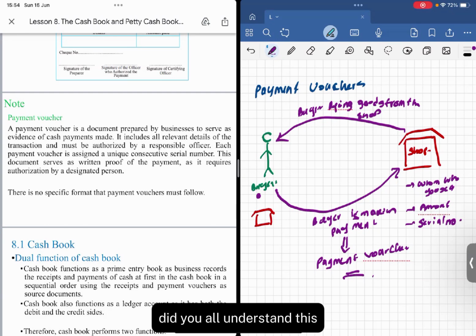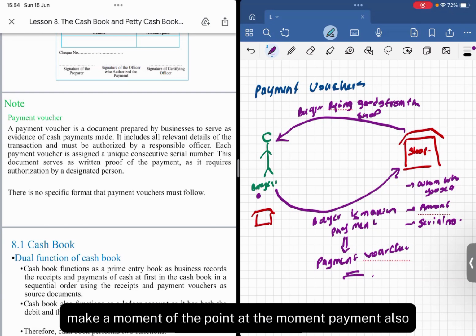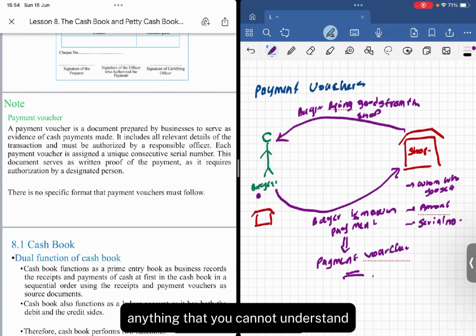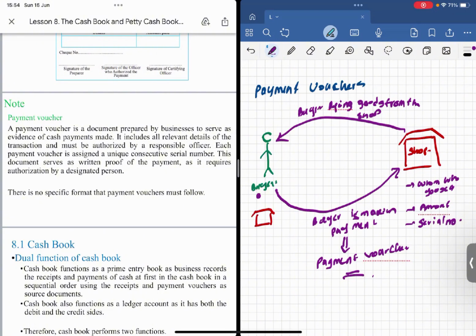Did you all understand this? Make a point of payment also. Is there anything that you did not understand? I understood, sir. Vinoti, how about you, Putha? Understood.